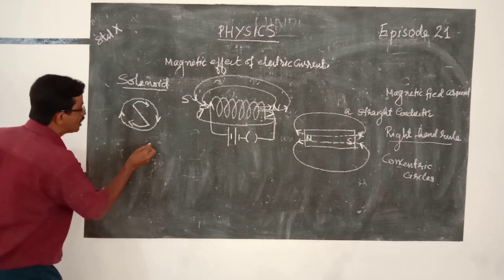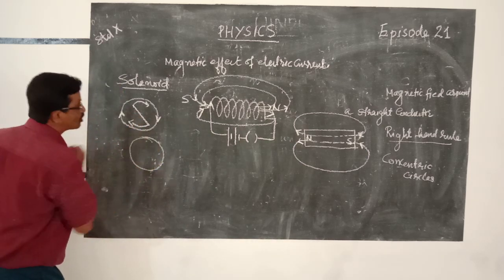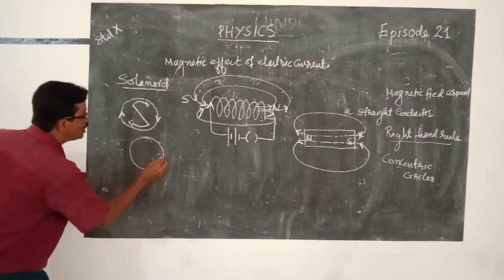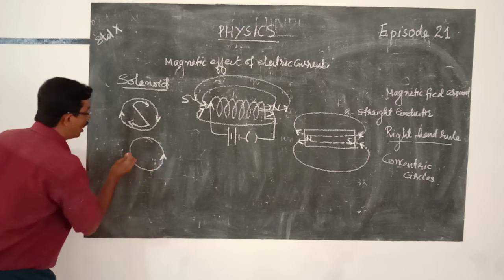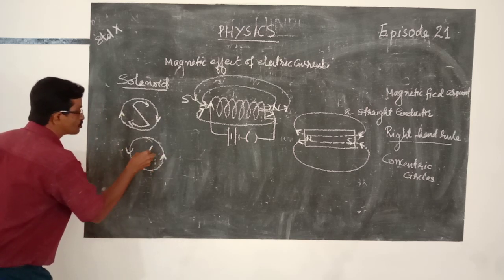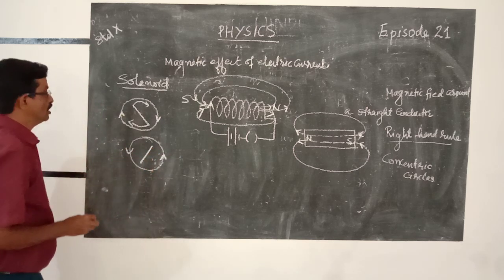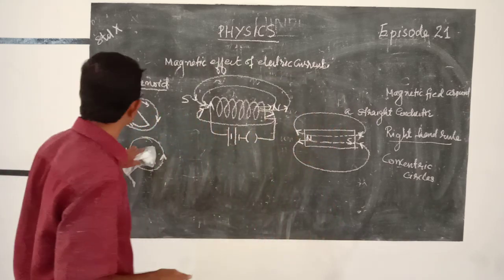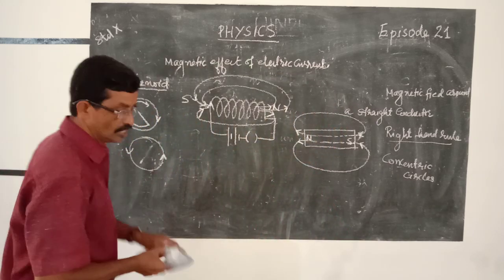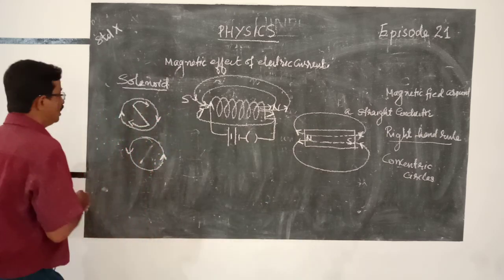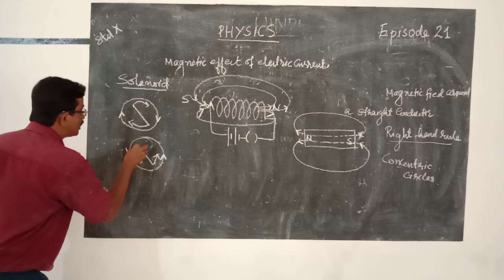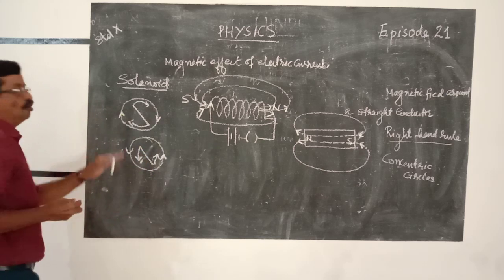And when we face an end of the solenoid, if the current is anti-clockwise, like this, it is the north pole.